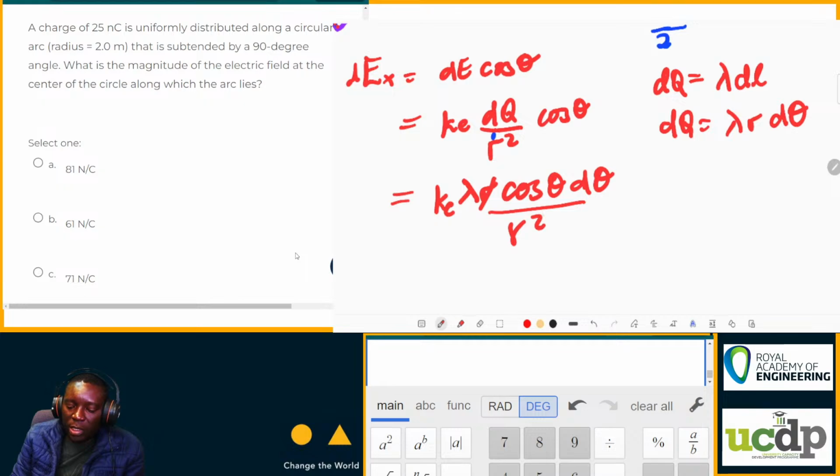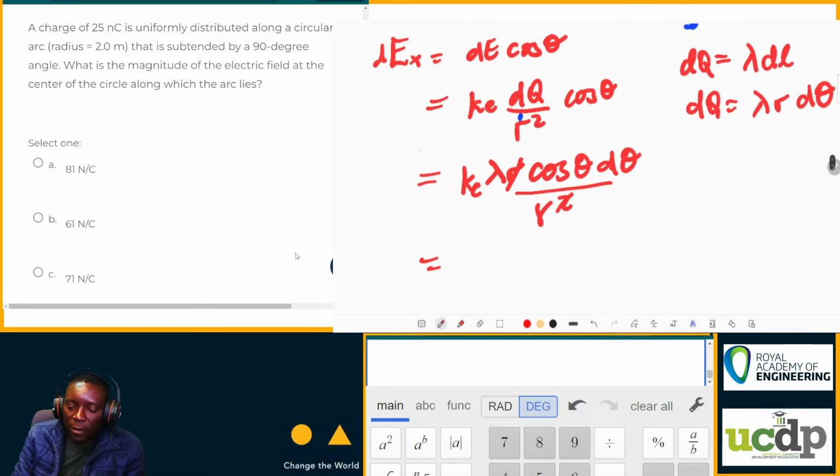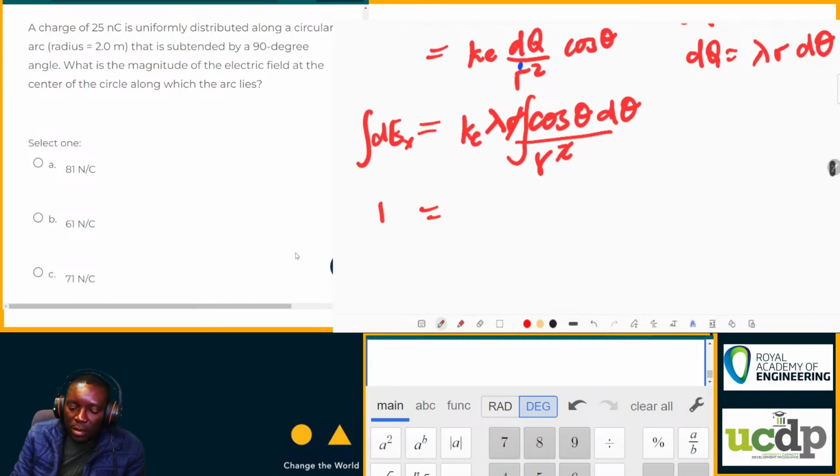Then we can eliminate that. It means for our Ex, so this is dEx, we can integrate, giving us Ex.